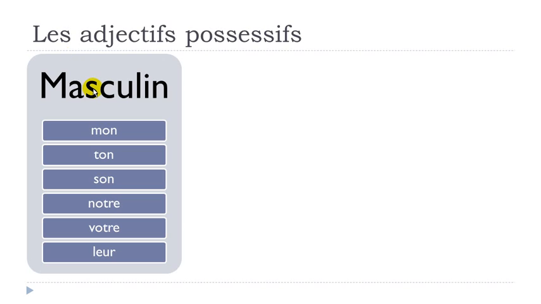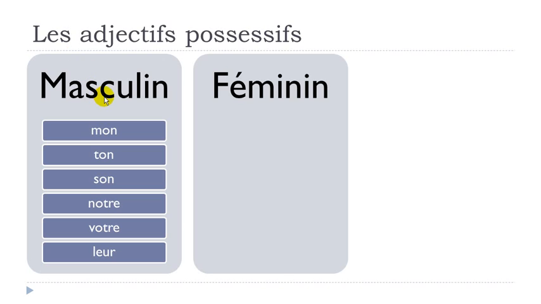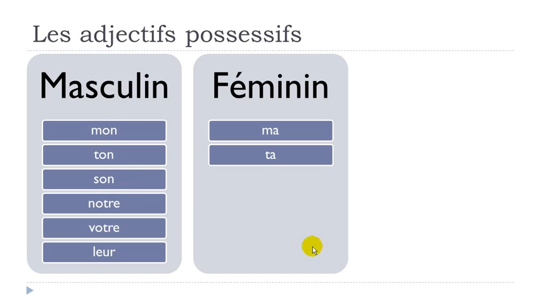Okay, so we saw first now here the masculine form. Let's check the feminine form, and it's ma, ta, sa. So you can see differences, but still, it works like m, t, and then s. So mon, masculine, ma, feminine form, ton, masculine form, ta, feminine form, son, masculine form, sa, feminine form.